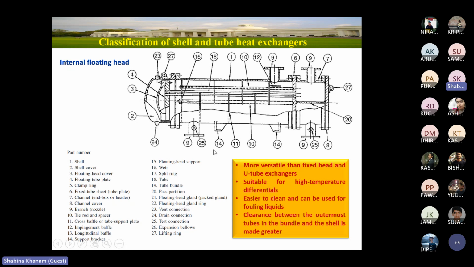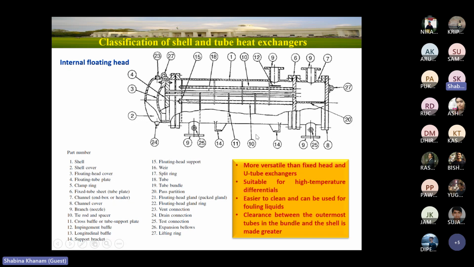Now the point is this much you are accommodating over here, and if I consider the same diameter of the shell, there is no tube available in this region. So the limitation of this type of internal floating head heat exchanger is that the clearance between the outermost tube in the bundle and the shell is made larger, made greater.